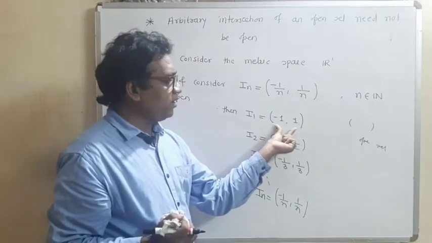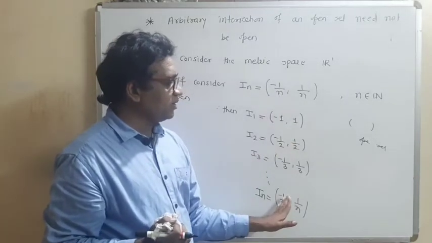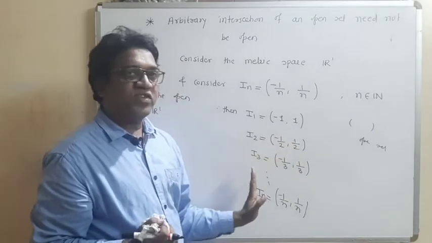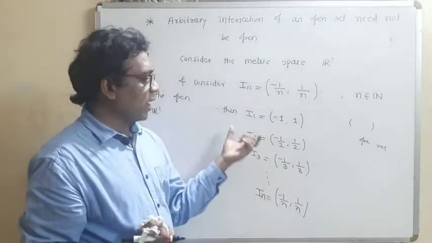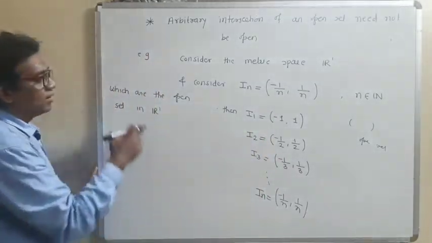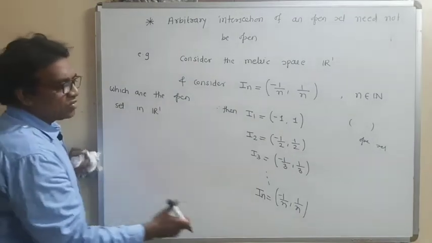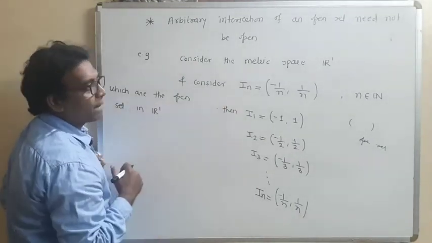So these are open sets in R1. The reason is that these are open intervals, and in the real line every open interval is called an open set. So obviously every open interval is an open set, and we can say that these are all open sets in R1.